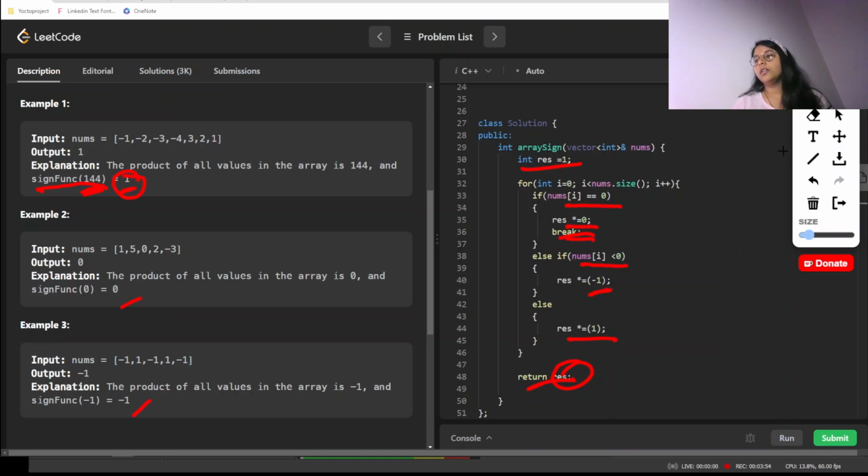So this arraySign function is directly acting as the sign function only, and according to that it is returning the result. I've directly taken that it is minus 1, 1 or 0, but if I really used the provided sign function, then the solution would be somewhat different. Let me show you that.